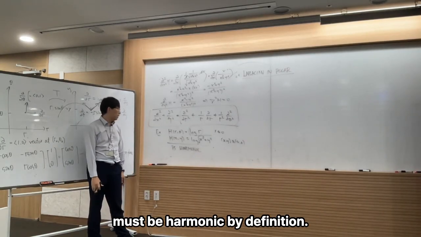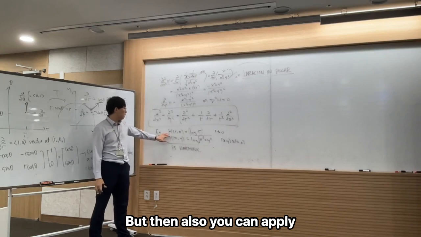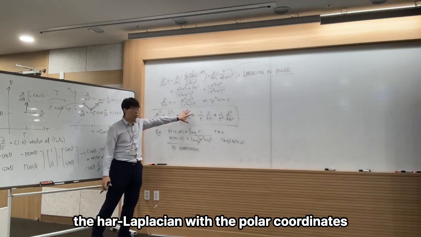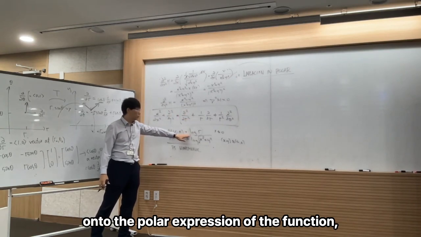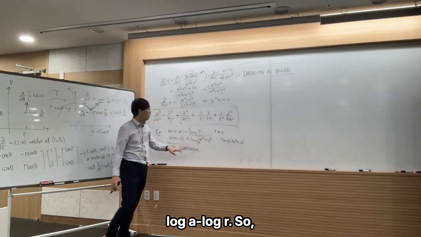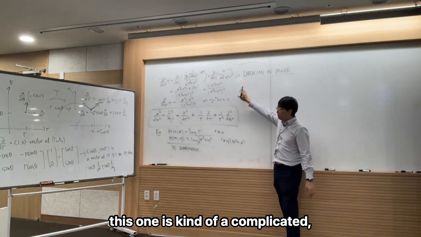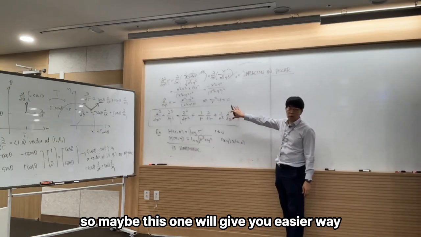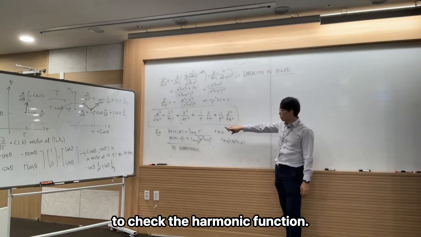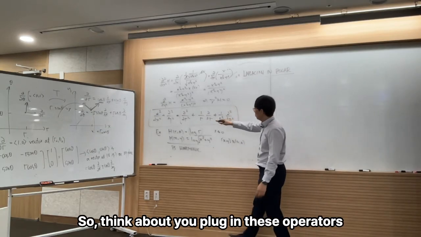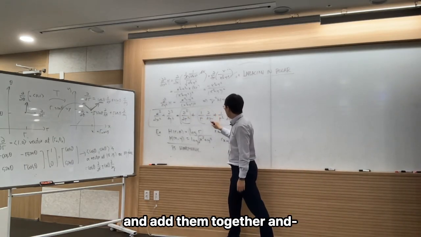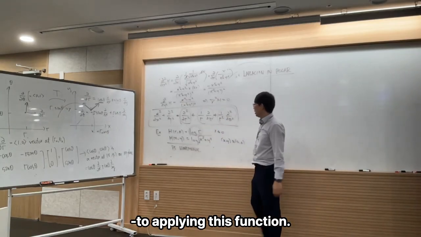by definition. But then also you can apply the Laplacian in polar coordinates onto the polar expression of the function, log r. This one is kind of complicated, so maybe this one will give you an easier way to check the harmonic function. So think about you plug in these operators and add them together and apply them to this function.